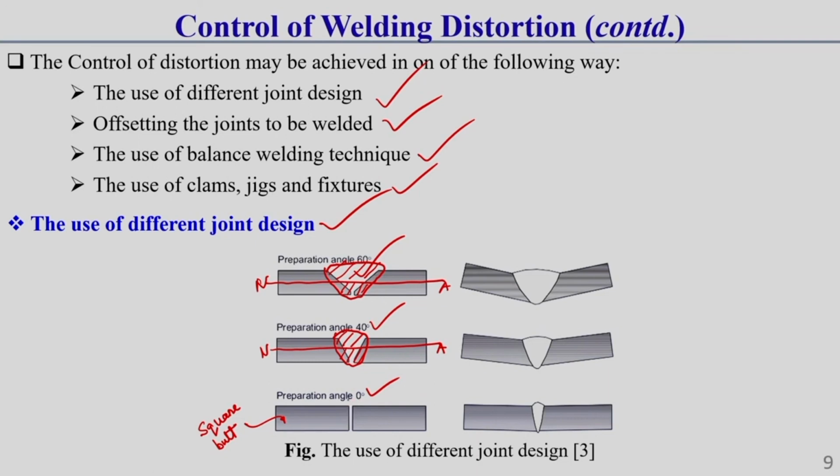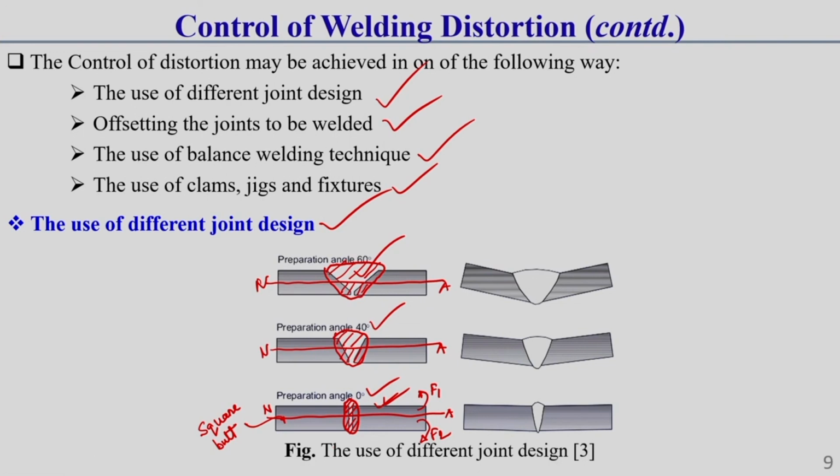So about the neutral axis, the volume of molten material on the top side is almost the same as below the neutral axis. Due to this, the shrinkage forces, that means F1 and F2, will be more or less the same, and as the volume of material required in a square butt is less, there is a chance of less distortion, both longitudinal shrinkage as well as angular deformation.